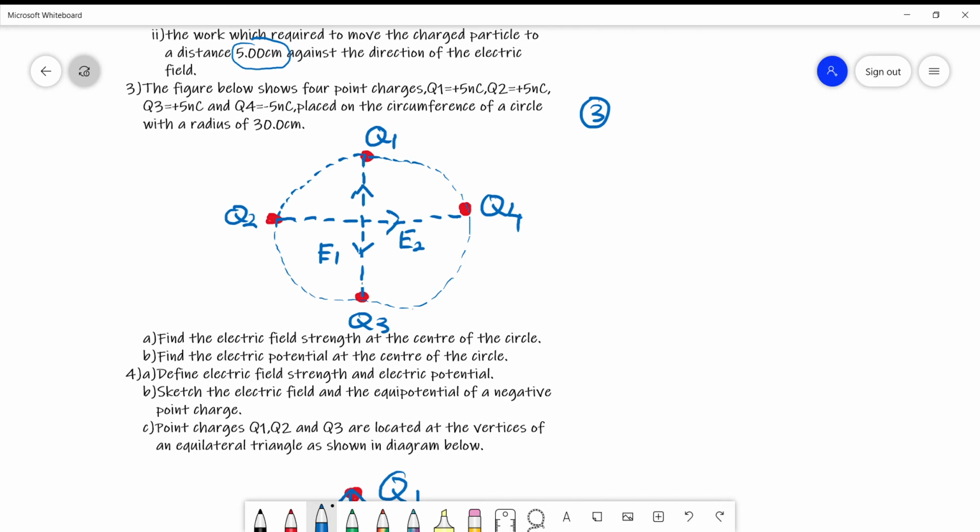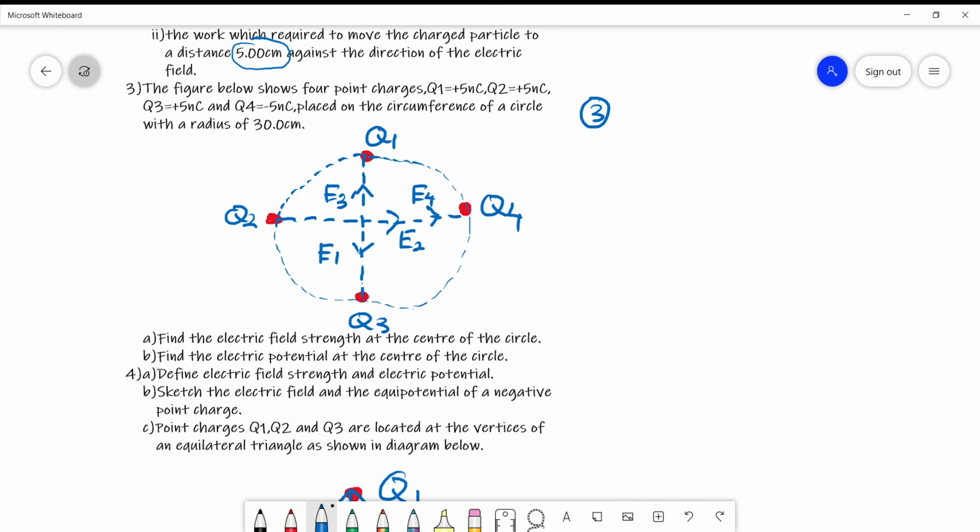So this is my E3. As for E4, the charge is negative, so the field points inwards towards the point charge. So this will be my E4.